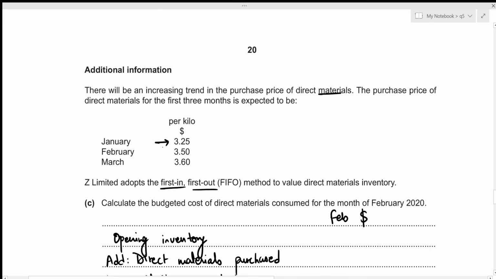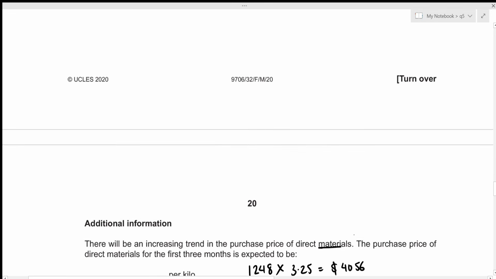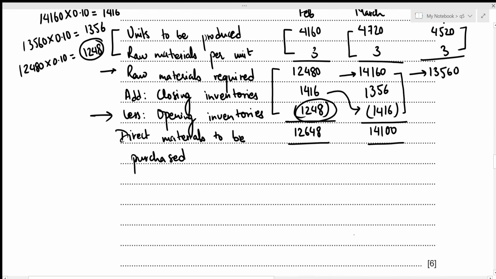So in order to figure out its value, we just need to multiply the number of kilos, which was 1,248, to the price of January. So that is just going to be 1,248 times 3.25, which results in the value of 4,056. This is the value of opening inventory. Let's write it down.